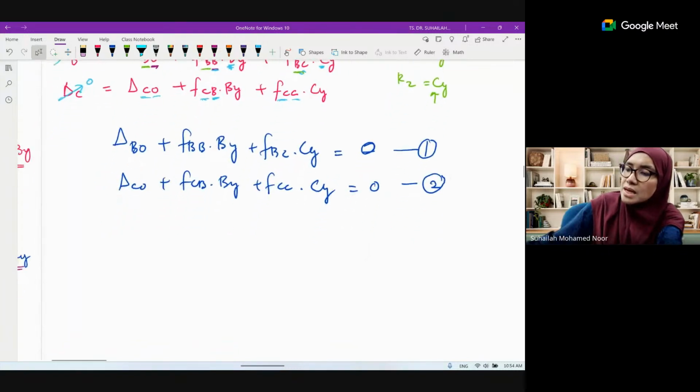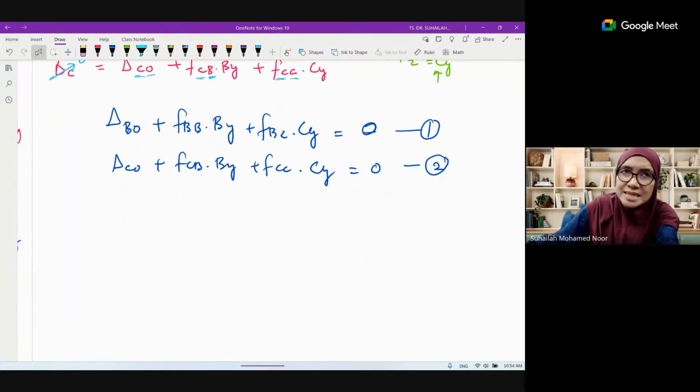But we will actually use the standard form of compatibility equation, which we write in matrix form.